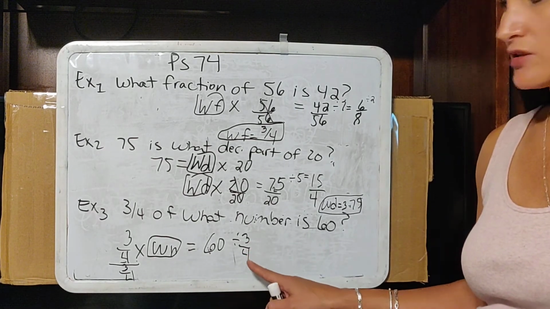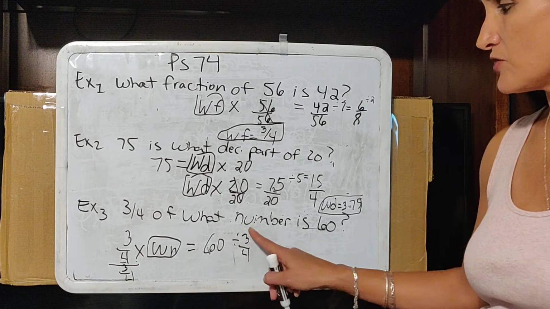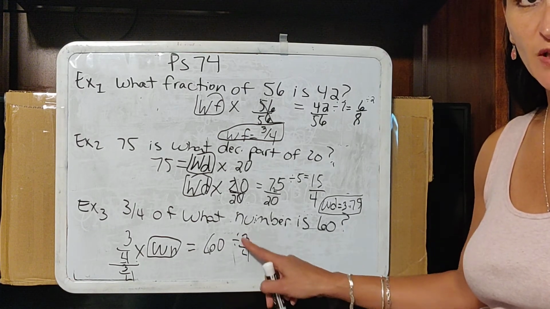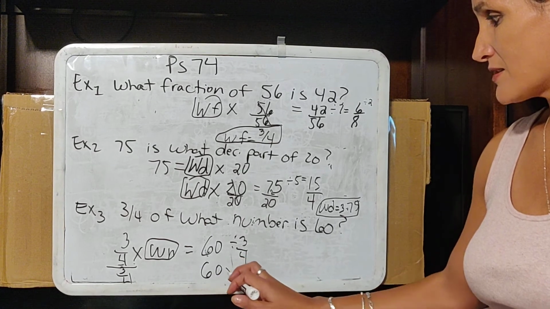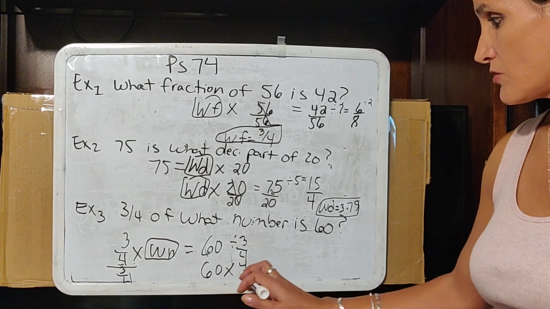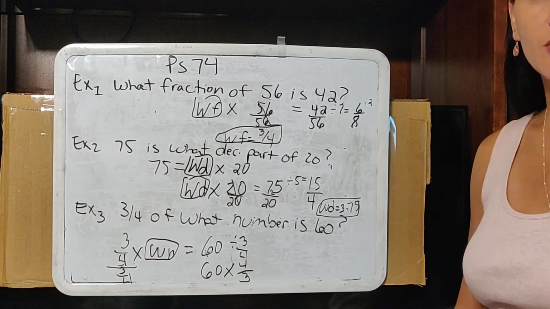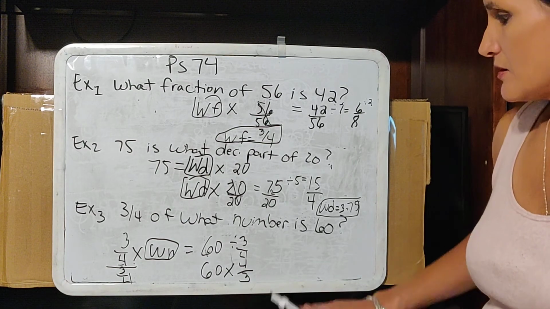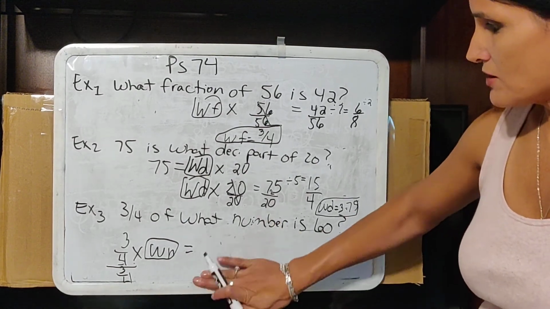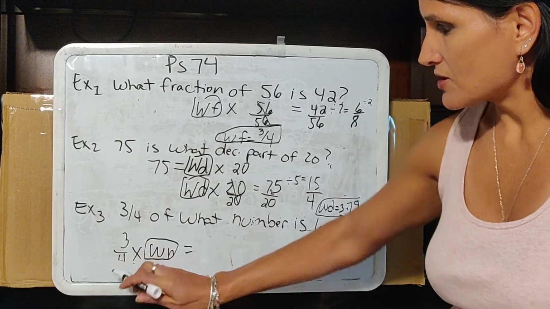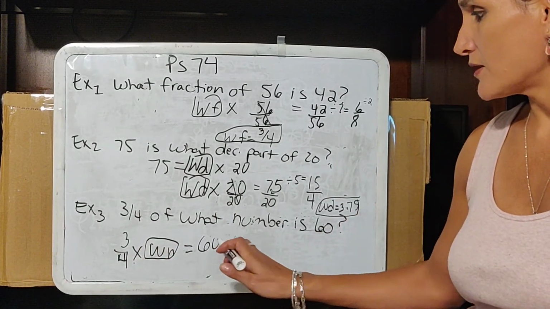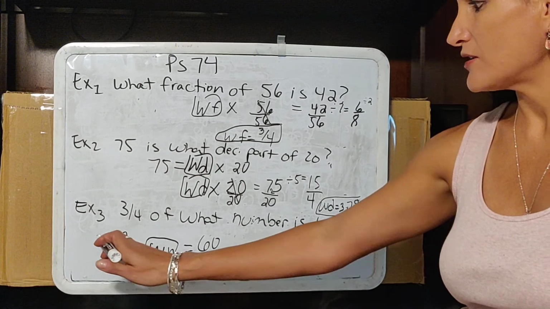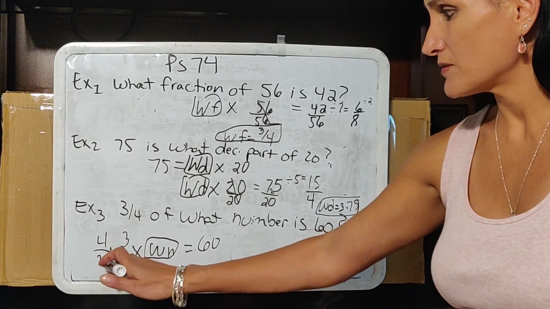But if you remember, whenever we take a number and we're dividing by a fraction, we have to flip the fraction and multiply. So this would be 60 times 4 over 3 in order to solve it. You are getting the same result by skipping the step of dividing by 3/4 and instead using the reciprocal right here.